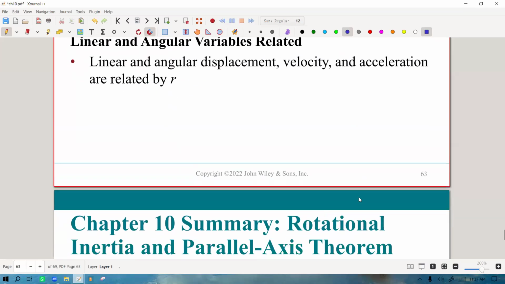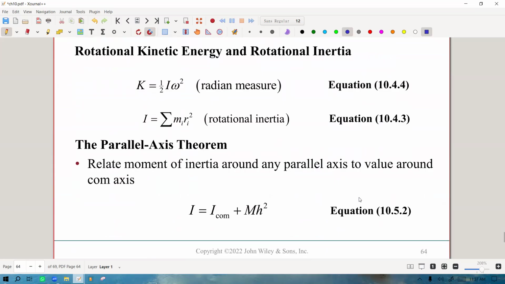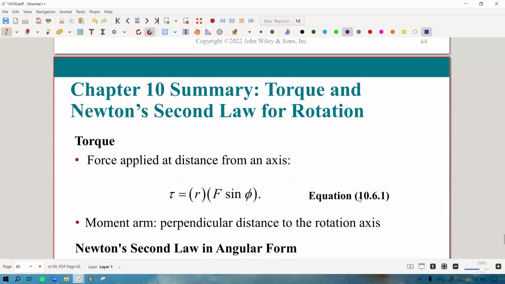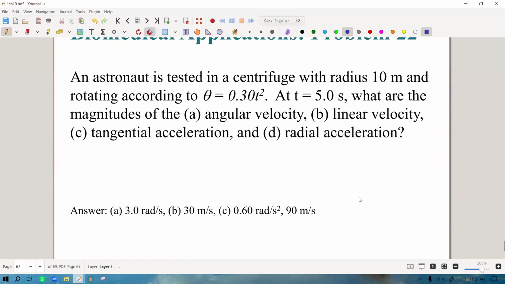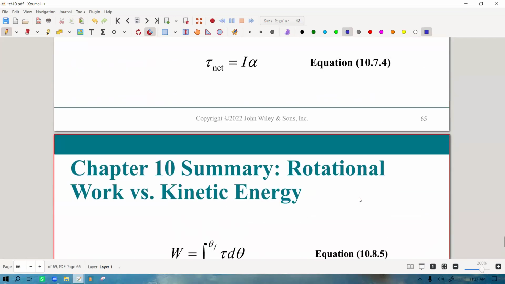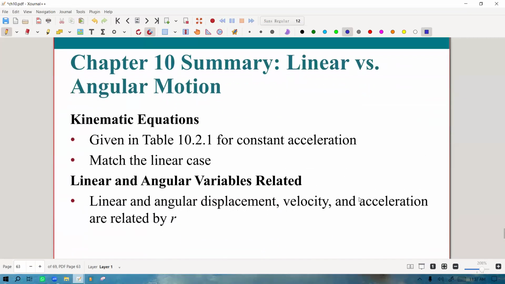And the relation of kinetic energy and work: kinetic energy is half I omega squared, and then how to calculate with the parallel axis theorem. Okay, any question for this one?